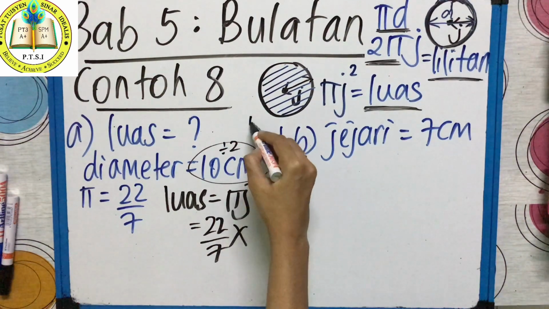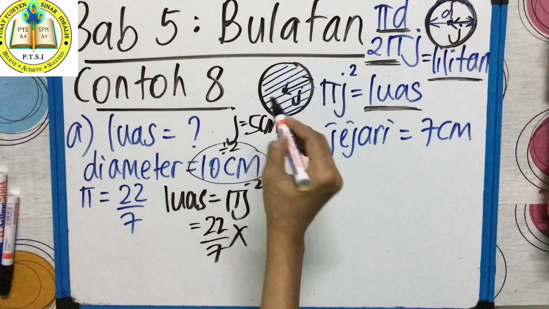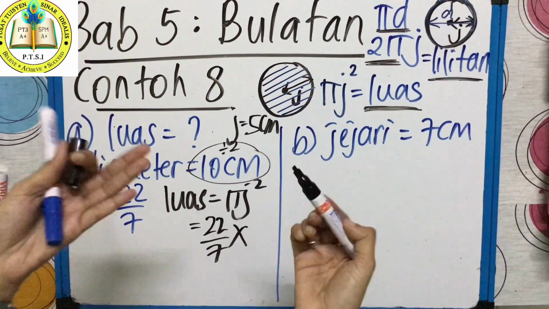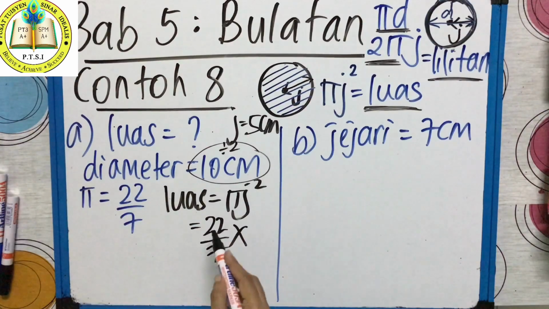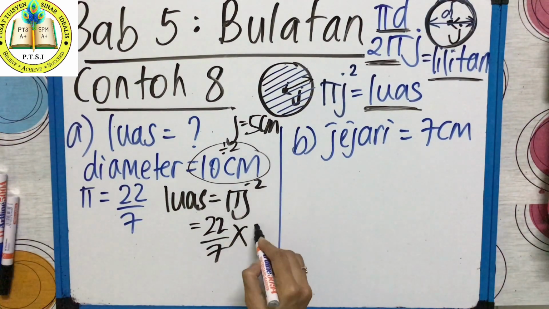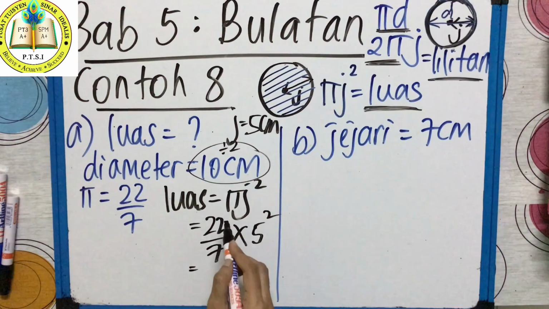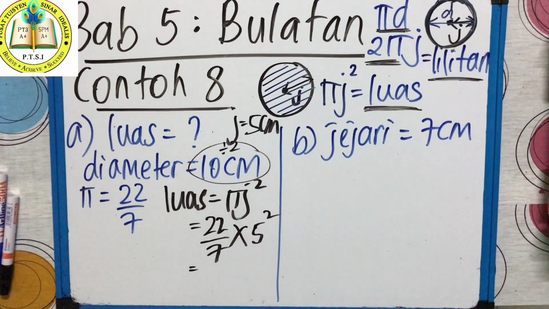Divide 2. So you get 5 cm. They give you diameter, but you must get jejari. So bahagi 2 lah. So 22/7 times jejari, how much you get? 5 kuasa 2. Square, because when you do area is pi j square. Memorize the formula.